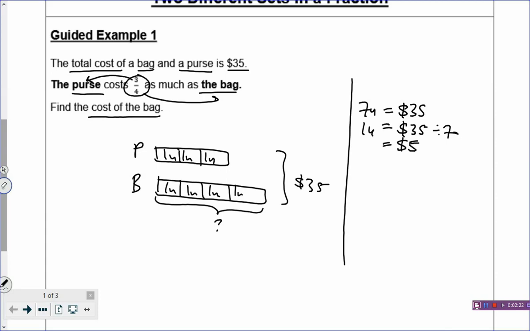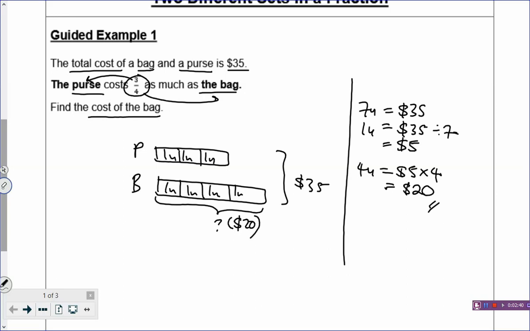Then you look at the question mark: what is the cost of the bag, which costs 4 units? So 4 units will be $5 times 4, and that will be $20. Whatever answers or numbers you found, add on to the model, and you have solved the problem.